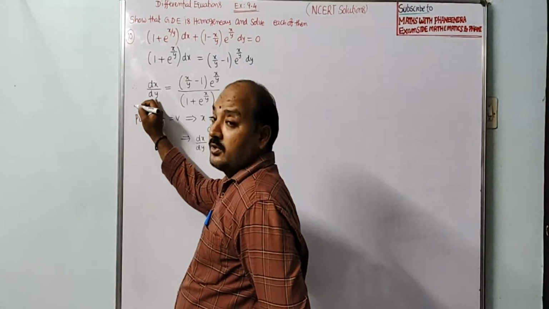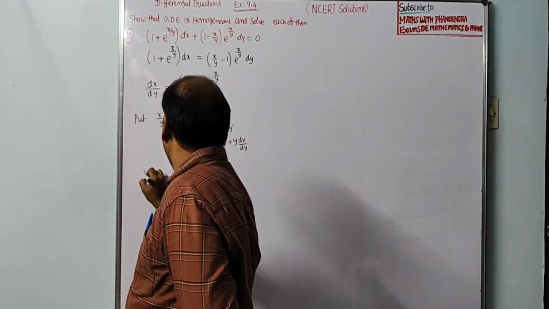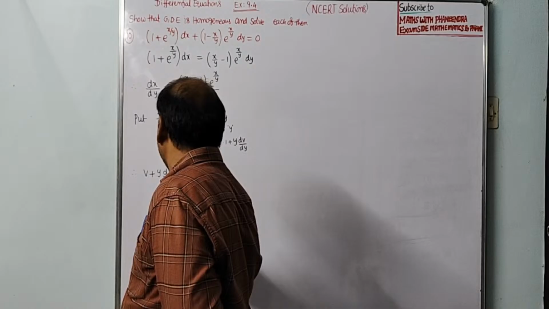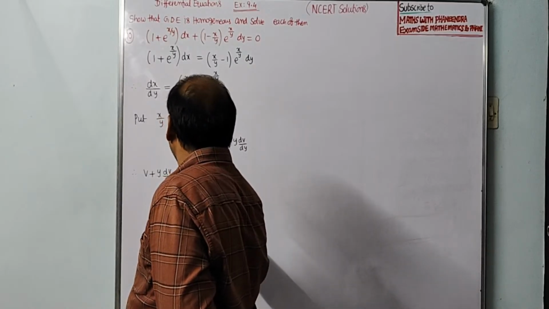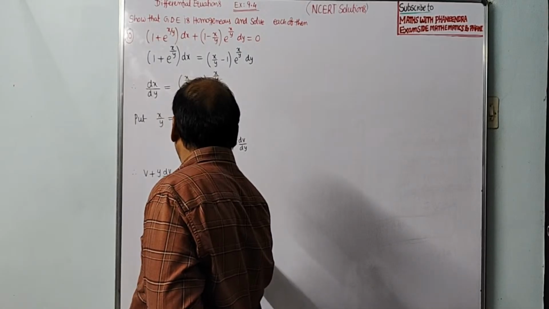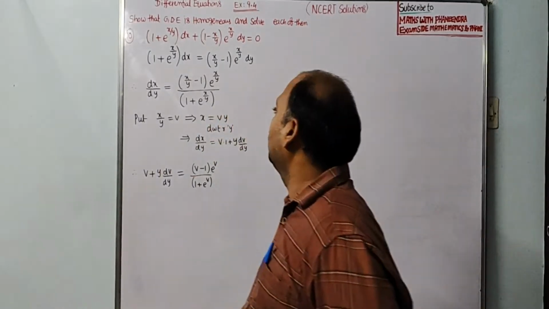Therefore the given differential equation dx by dy is replaced with v plus y dv by dy is equal to (v - 1) divided by (1 + e^v) into e^v.